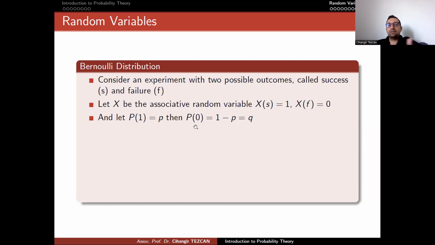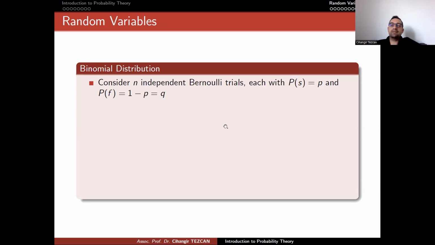In the Bernoulli distribution, we were just looking at the success or failure of an event. But when I try to cryptanalyze, I will get a lot of plaintext and ciphertext pairs. I will just check if they satisfy my property, so if they will be failure or success. So I will repeat this Bernoulli trial many times.